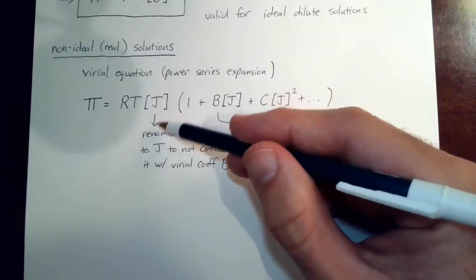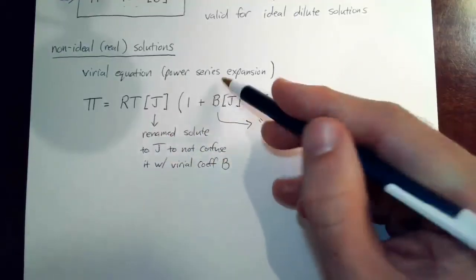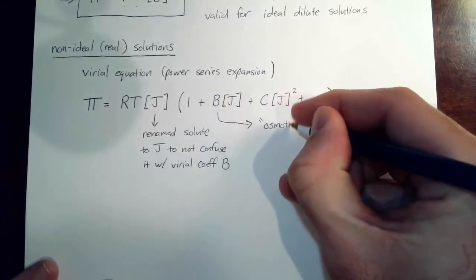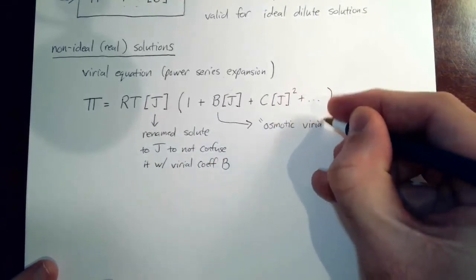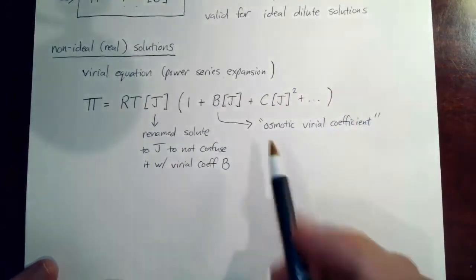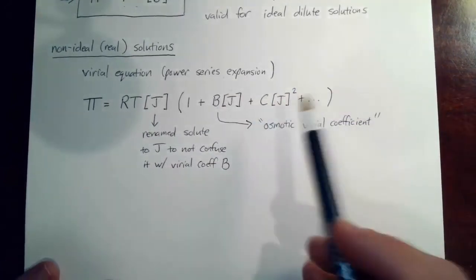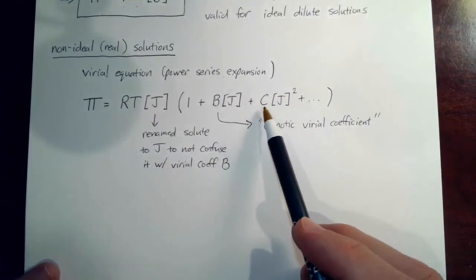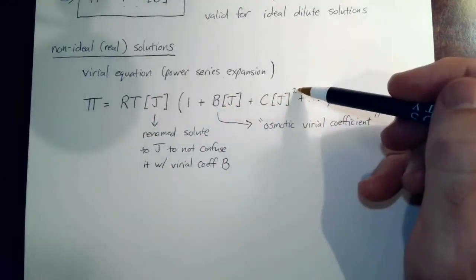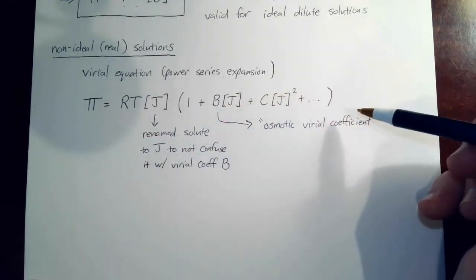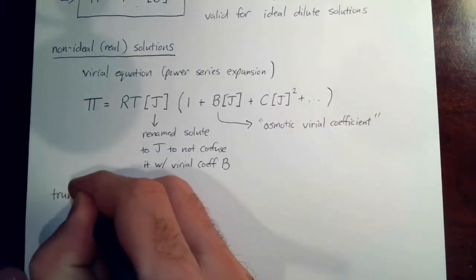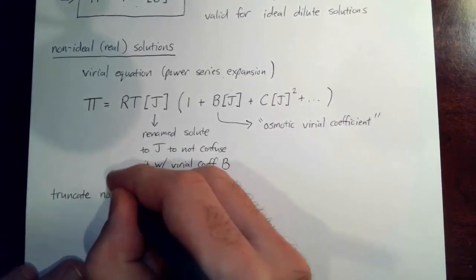So we renamed the solute to J so as not to confuse it with virial coefficient B. And this virial coefficient B has its own name. It's the osmotic virial coefficient. And C is another coefficient, and there's a D and so on. But to keep things simple, typically we truncate this power series before we get to the nonlinear terms. Okay, so we're going to do that now. So we're going to truncate the nonlinear terms from the power series.